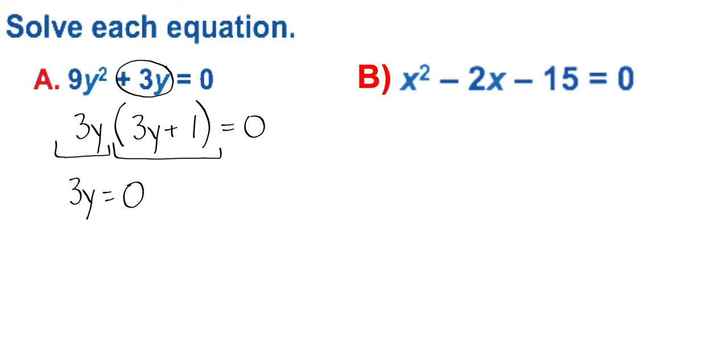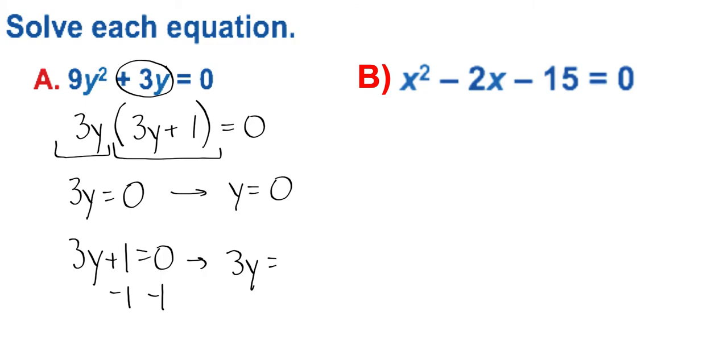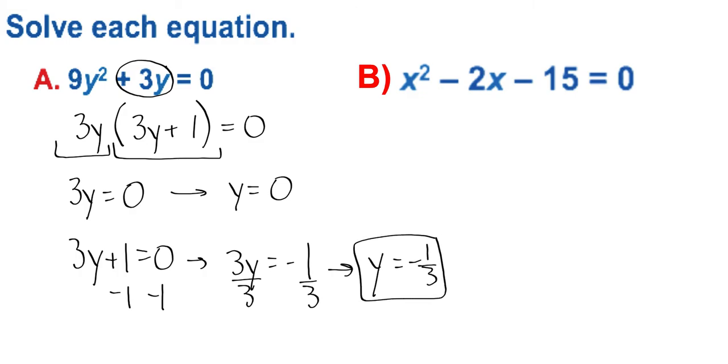So we have 3y equals 0 and 3y plus 1 equals 0. Go ahead and solve those. For the first one, we get y equals 0. And then this one's a little more complicated. We've got to move the 1 over, and then we'd have 3y equals negative 1. Divide by 3, and we're left with y equals negative 1/3. So those are your two solutions to this quadratic.